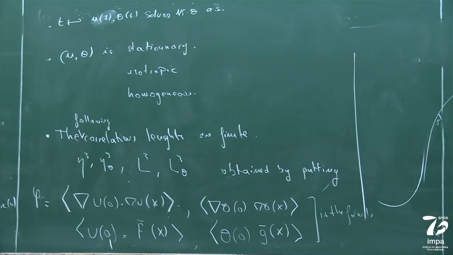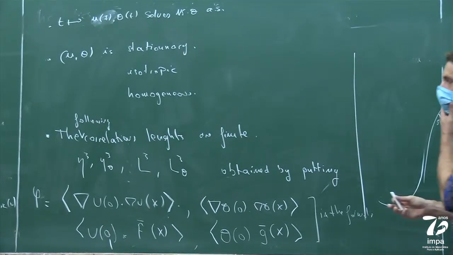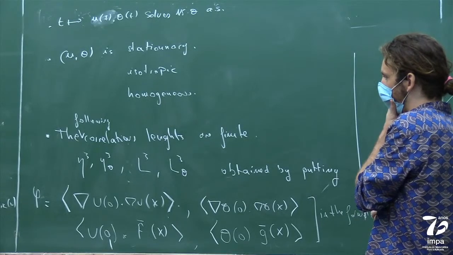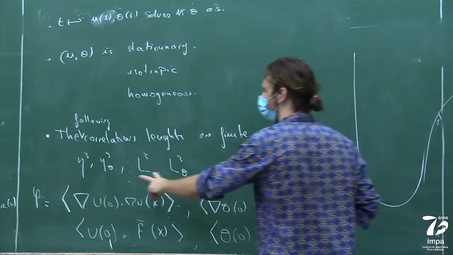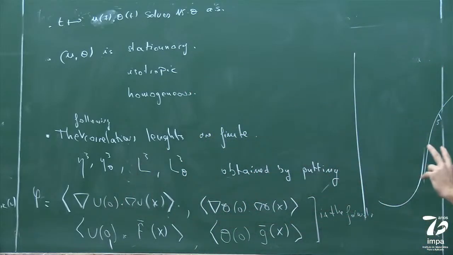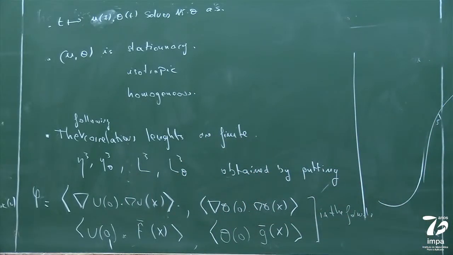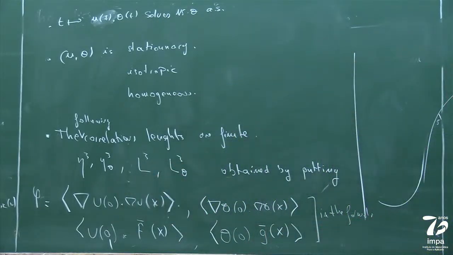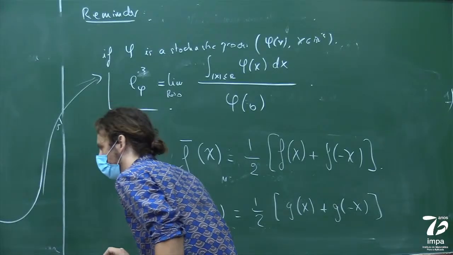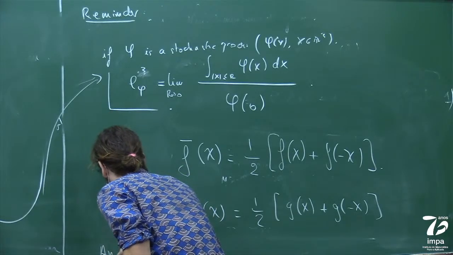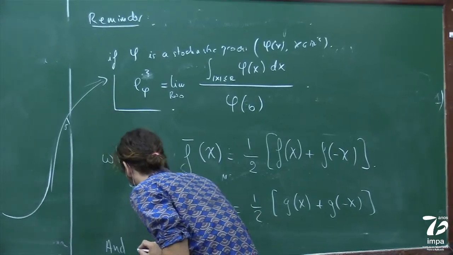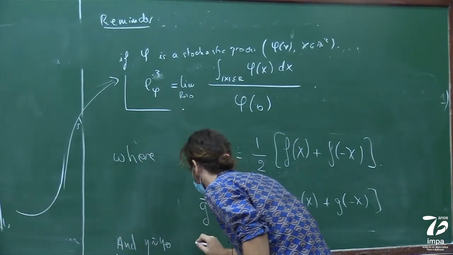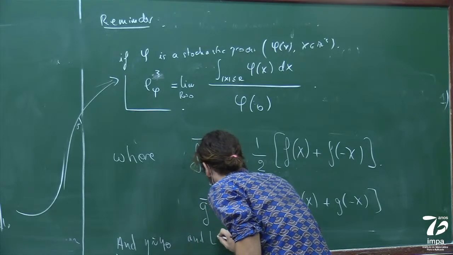Okay, let's assume the following relation between those lengths. I want eta equal eta theta and L equal L theta.